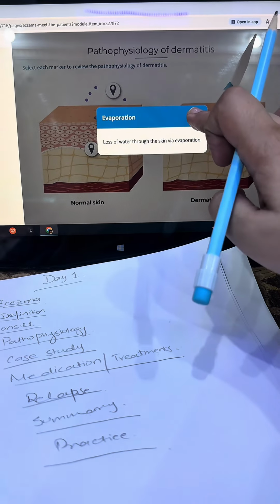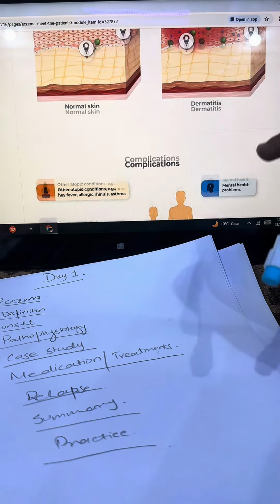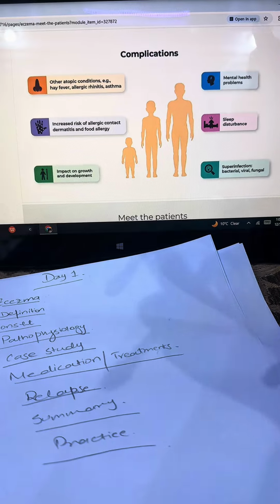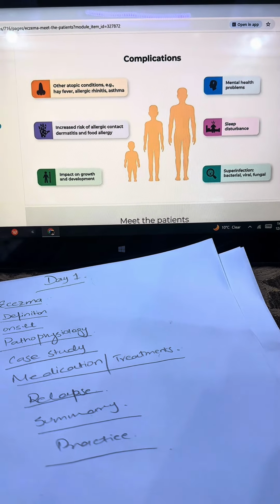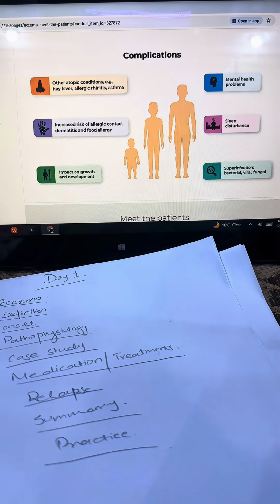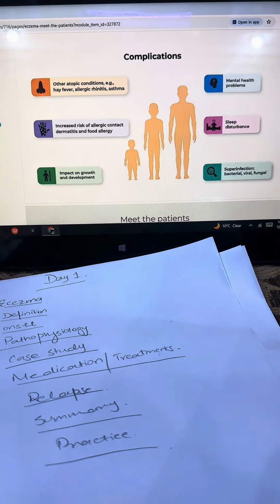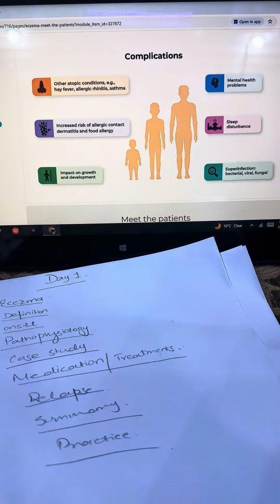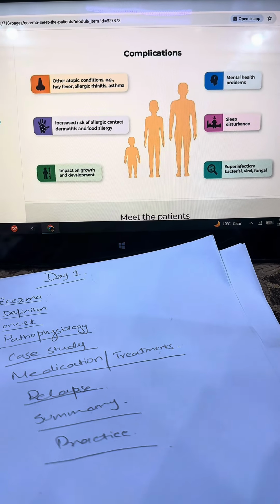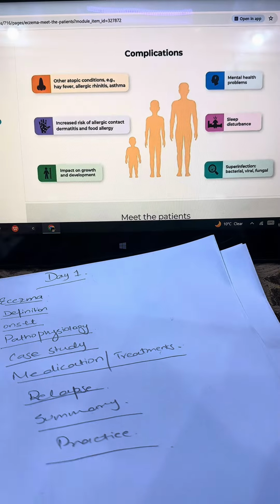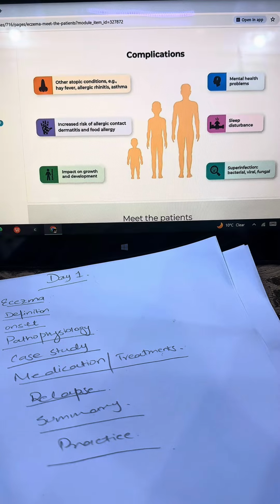In eczema, the main concern is the oil present in our skin, our sebaceous gland quality. In eczema, there are two main reasons. First, the oil is not of good quality, and second, the barrier is disturbed.